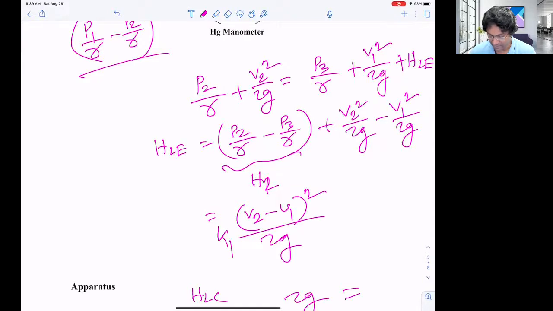So that is the head loss because of the sudden expansion. The value of K1 is unity, 1. Okay, so we can use that formula.